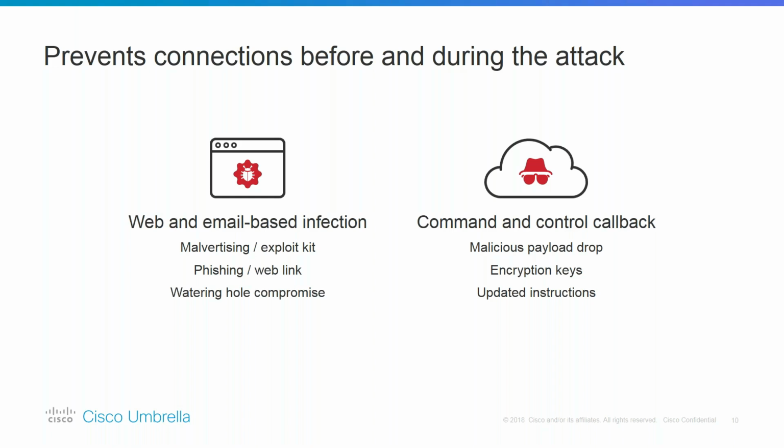Usually these files will have to call back to a command and control, and this command and control will usually have a signature of patterns of traffic that will be picked up on, and it's more than likely going to be blocked. So although the malware is on your laptop, when it calls back to a command and control for further instructions, or to get encryption keys to hide what it's doing, it's usually blocked. So you're protected even if you get malware on your computer with something like DNS-based protection.